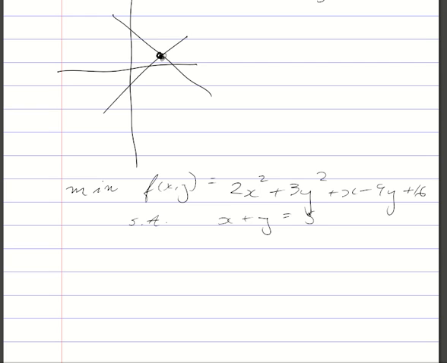So let's instead consider this problem the way it was already given. I'm just going to write it down here again. Our function to minimize is 2x squared plus 3y squared plus x minus 9y plus 16, subject to x plus y is equal to 5.